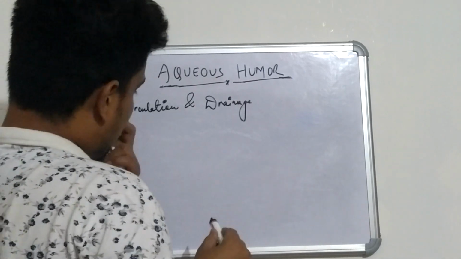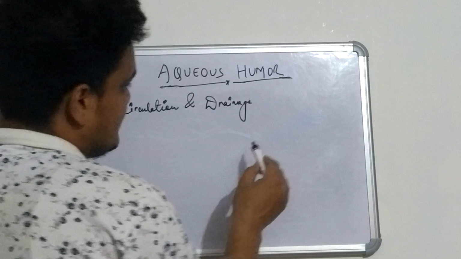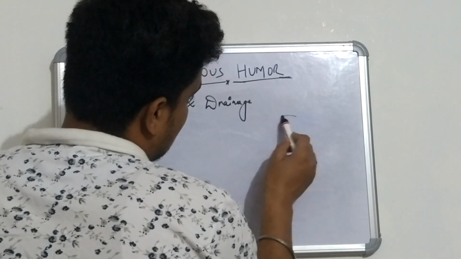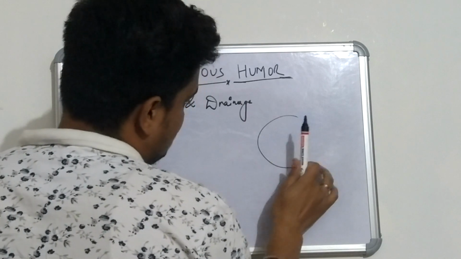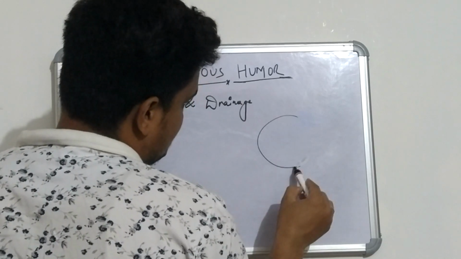So first of all, let me make a diagram. In the last session we discussed how the production of aqueous humor takes place.